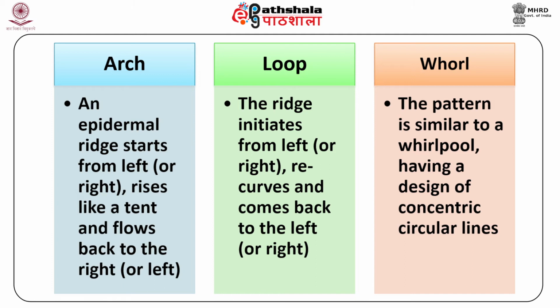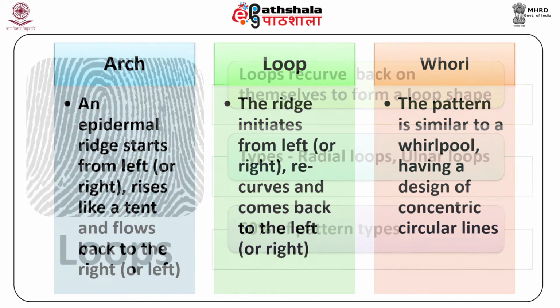The whorl pattern, as its name implies, is similar to a whirlpool, having a design of concentric circle lines. As already stated, arcs, loops, and whorls represent only a broad classification of fingerprint patterns. There are several subcategories under each of these classifications.